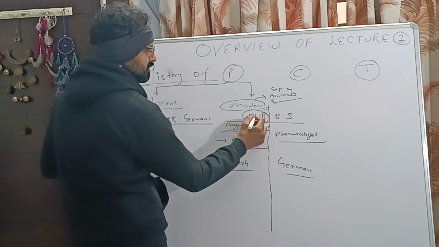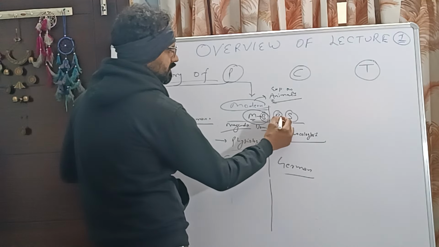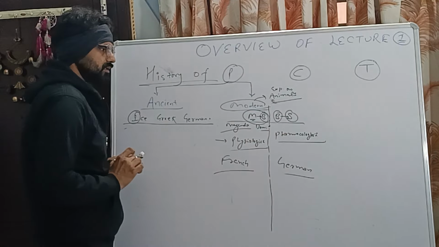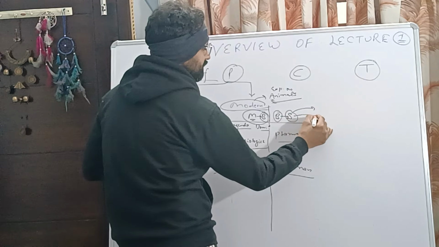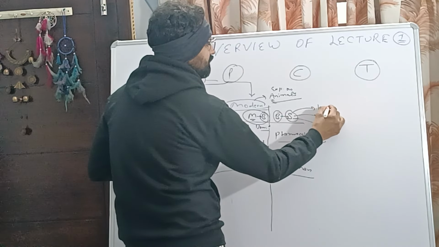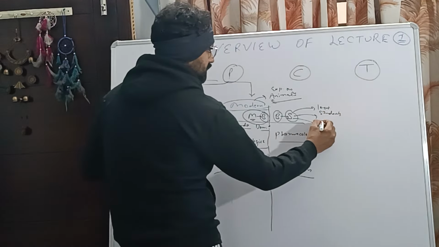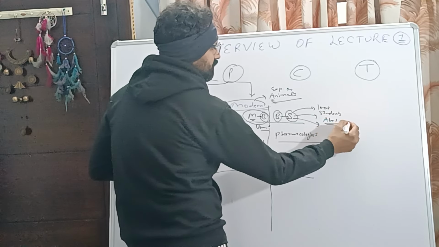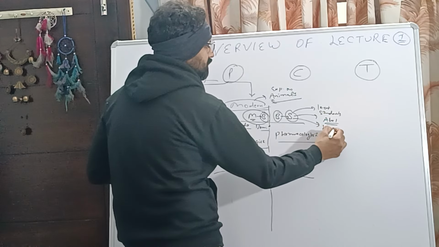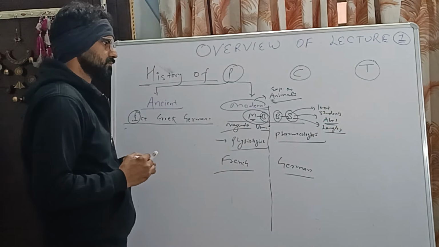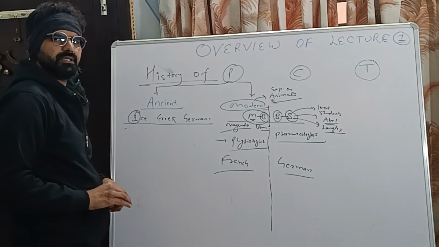This Bernard was a student of Magendie, and Schmiedeberg was a student of pharmacologist Buchheim. Then Schmiedeberg had 100 plus students, out of which we will study Abel, the father of American pharmacology, and number 2 is Langley. So this is about modern pharmacology history.